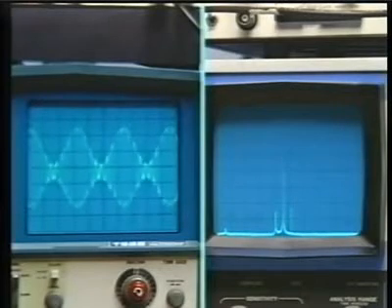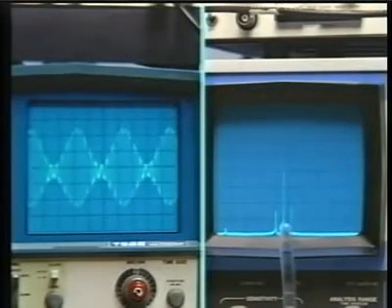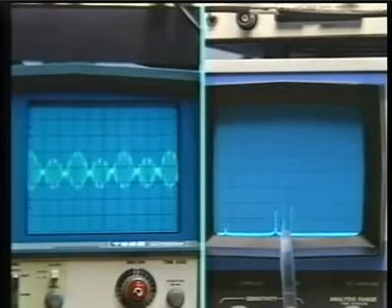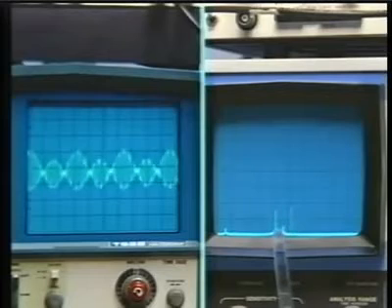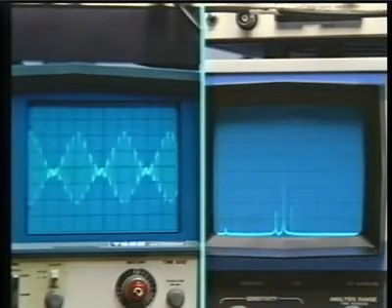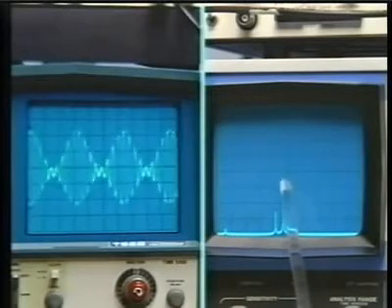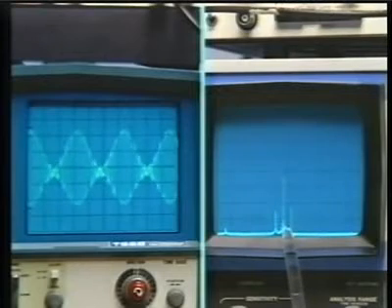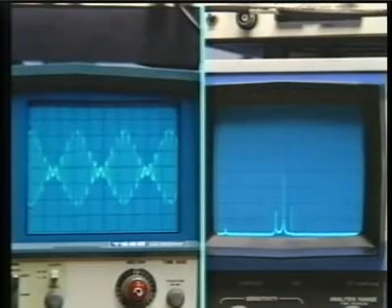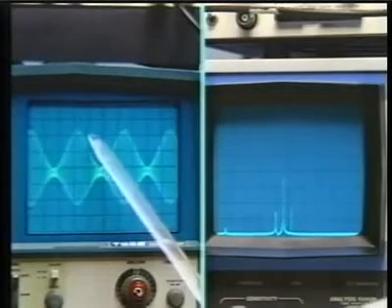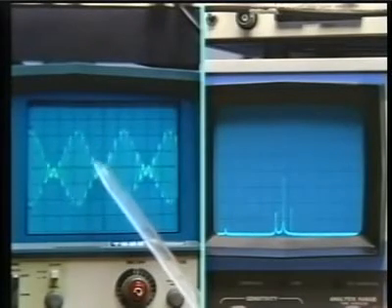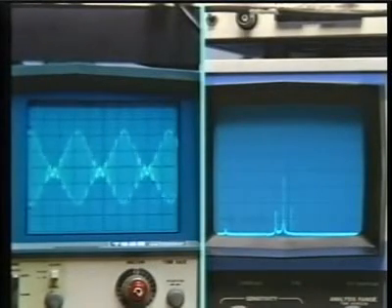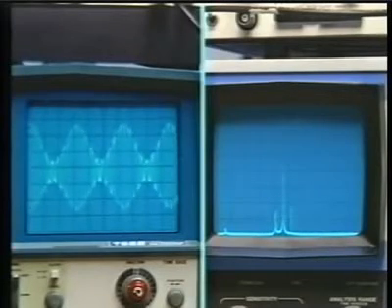Now, I had indicated in previous lectures that reducing the carrier is efficient in terms of power transmission, but requires a synchronous demodulator, whereas if there's carrier injected, as we have here, so that we're not overmodulating, the percent modulation is less than 100, then because of the shape of the time waveform, as you can see here, you can do the demodulation with a more or less simple envelope detector.